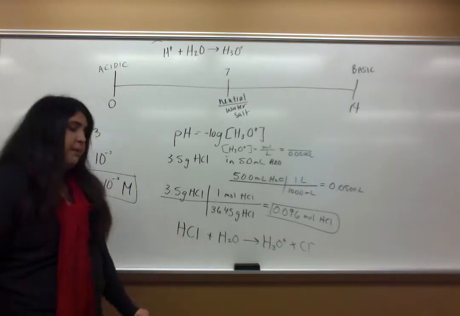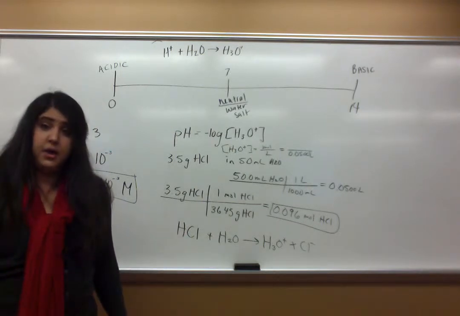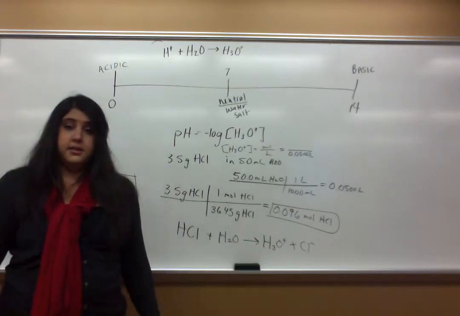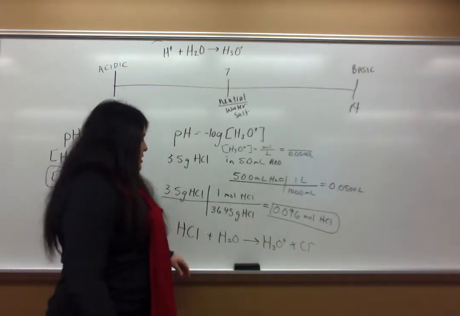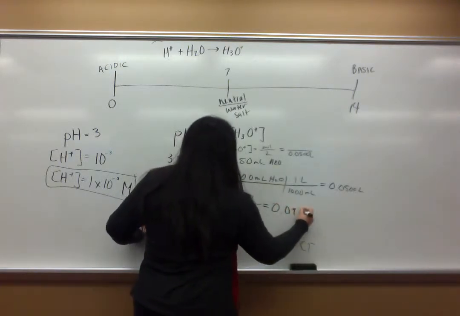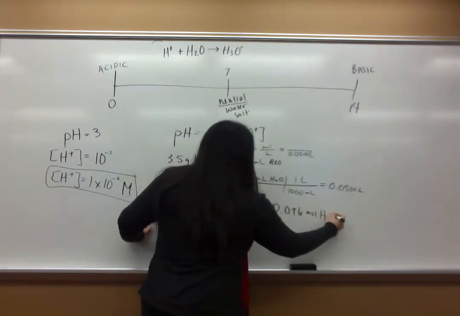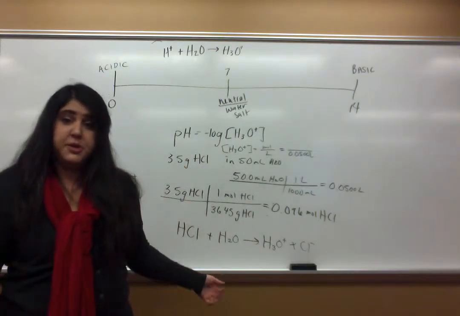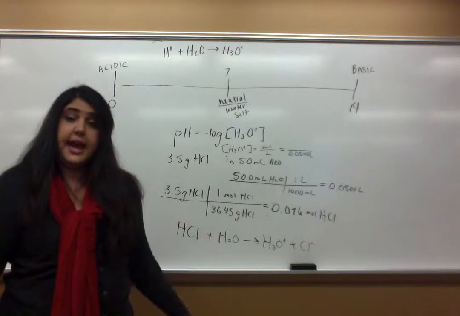So, I look at my reaction. What is my ratio of hydrochloric acid to H3O+? Should be 1 to 1. So looking at this now, I have 0.096 moles of hydrochloric acid, and I have a reaction that tells me a ratio between hydrochloric acid and H3O+.